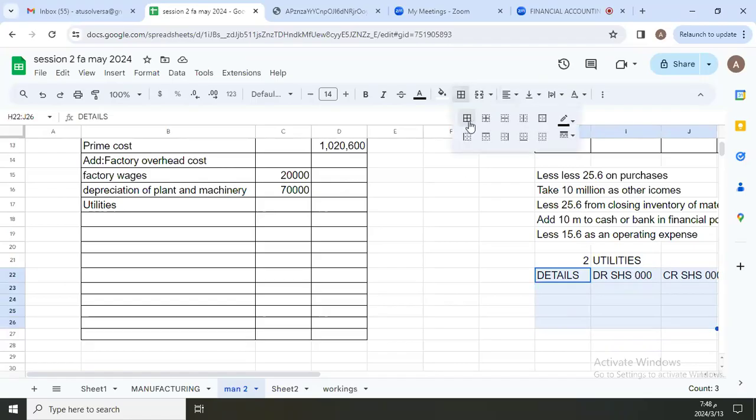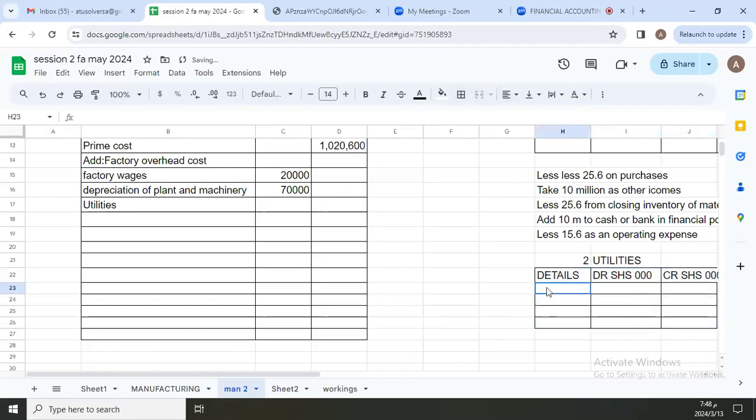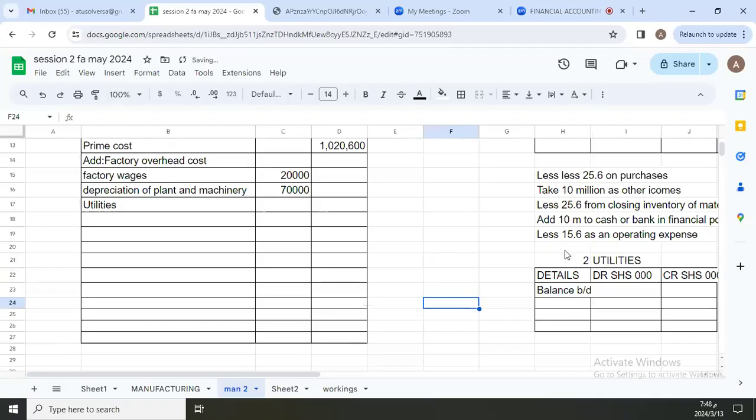So I just do my small table. I start: balance brought down. So during the year, how much did we have?